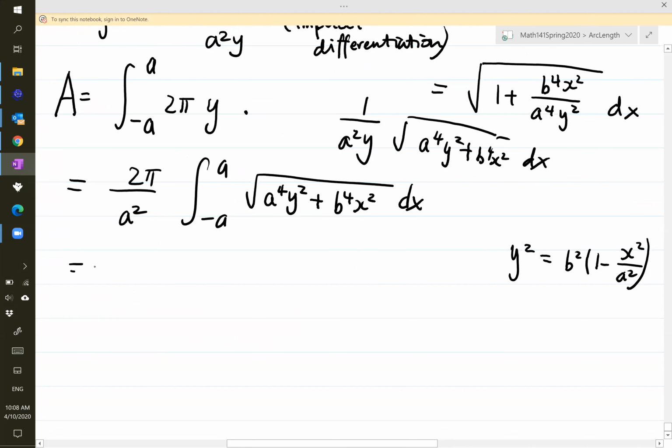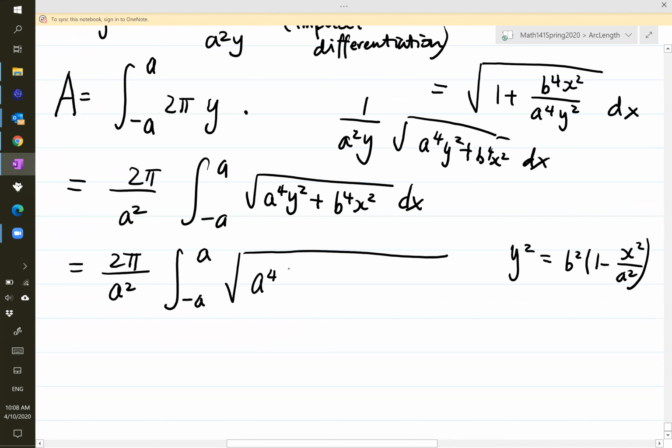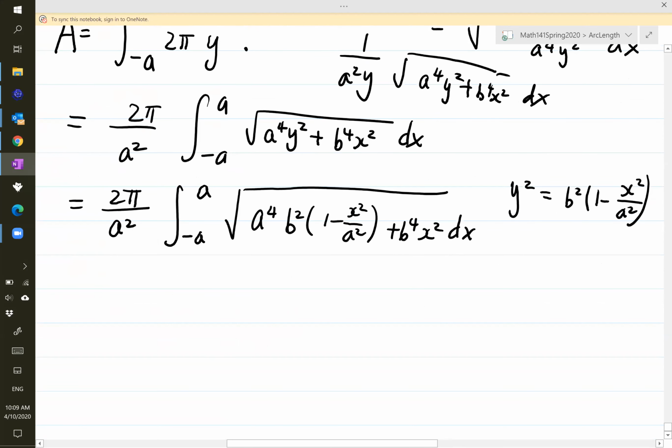So it's complicated a little bit, but it's still doable. Negative a to a. So this will be a power 4 times y squared, which is b squared times a squared minus x squared over a squared, plus b power 4 x squared dx. So this will be 2 pi over a squared, negative a to a.